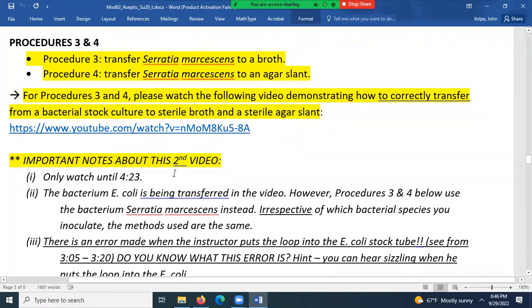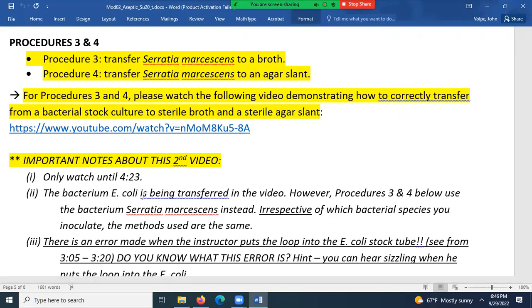Some notes about the video. You only need to watch the video to 4 minutes and 23 seconds. In the video, they're transferring E. coli, which is different from Serratia marcescens because E. coli is non-pigmented or an off-white color, meaning off-white is not really colorized.